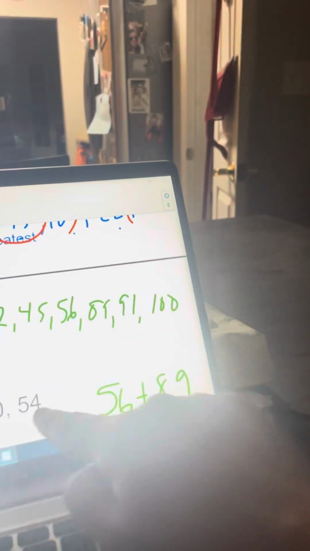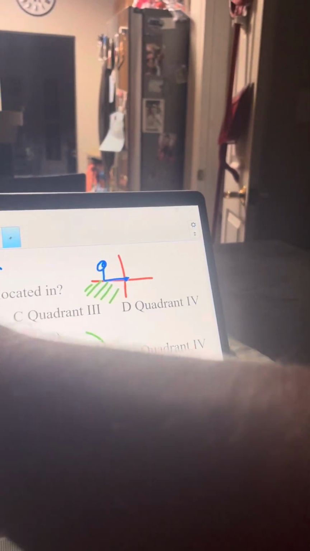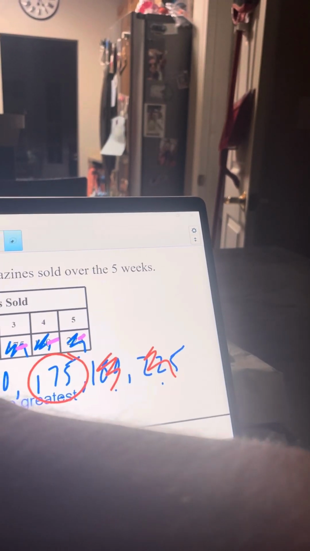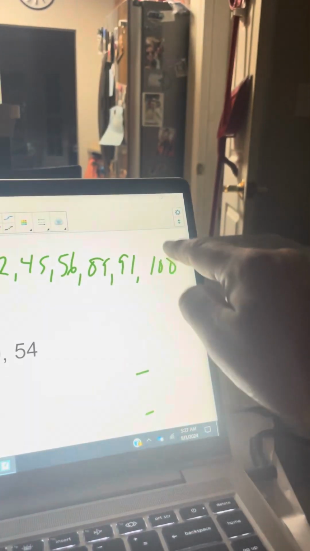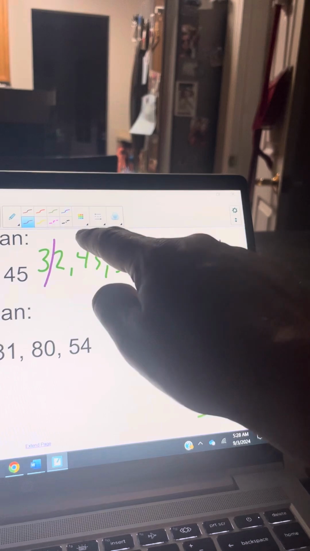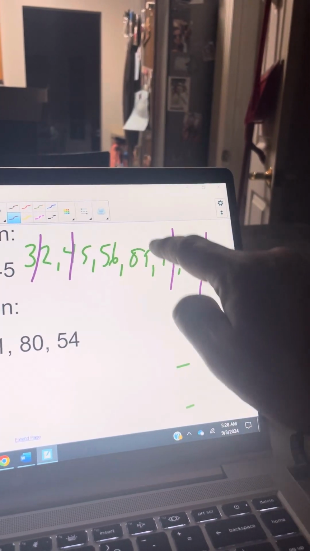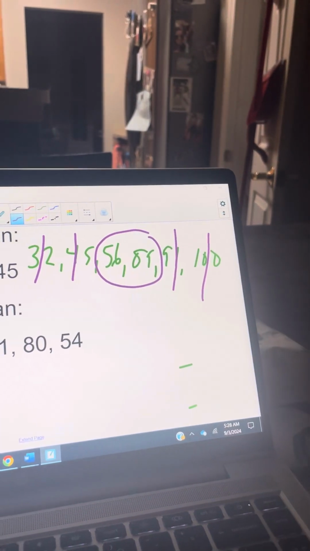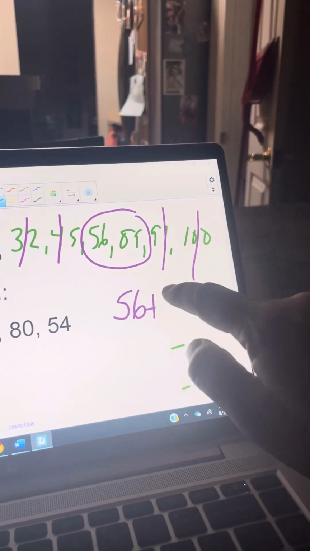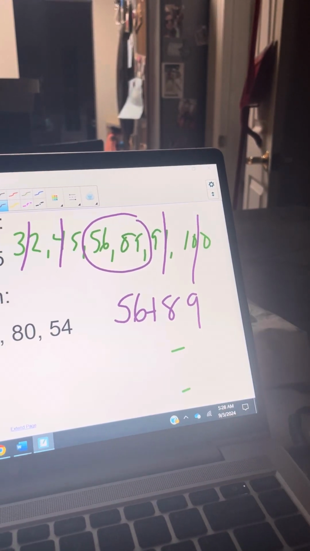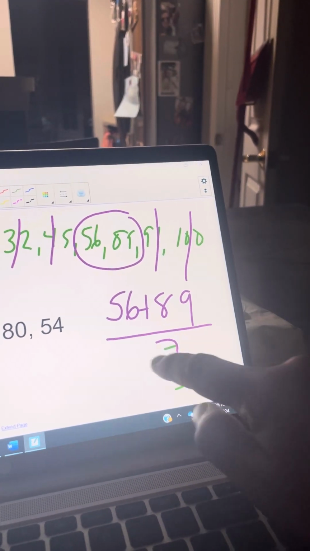As I start to work through these numbers, I get rid of one of the smallest, one of the largest, a smallest, a largest, and I have 2 numbers left in the middle. When you have 2 numbers left in the middle, you add those 2 numbers up on your calculator, and then you divide them by 2.